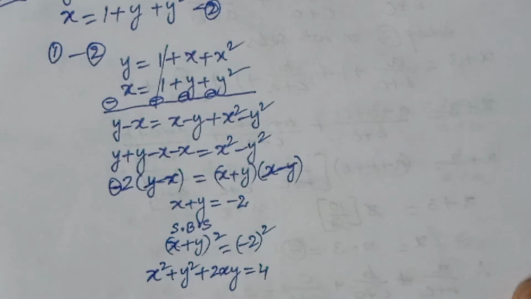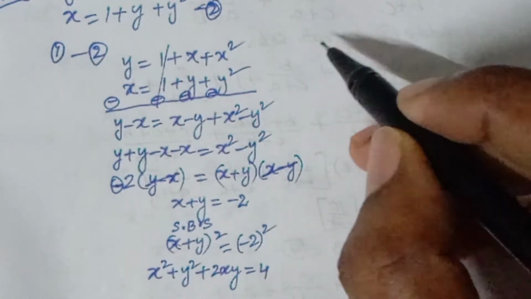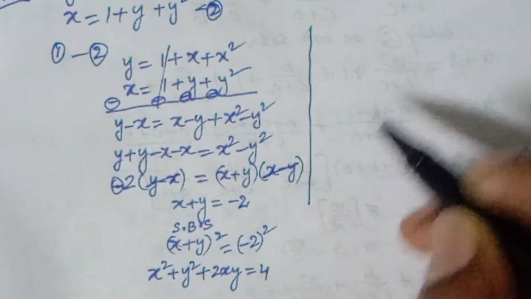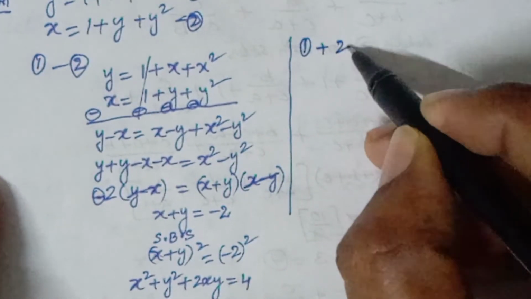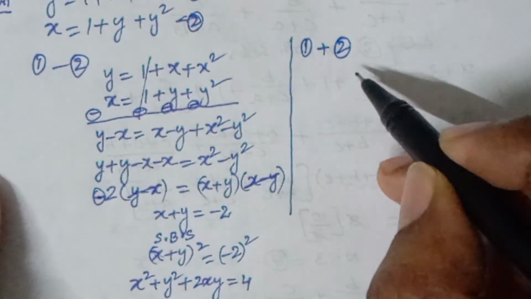So here you have to get the x squared plus y squared value. Here I am adding 1 and 2.